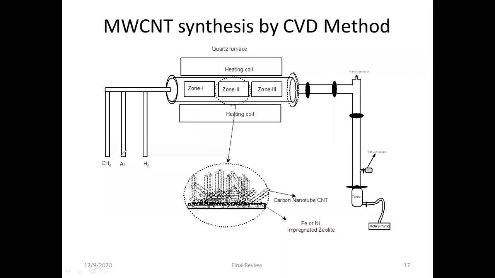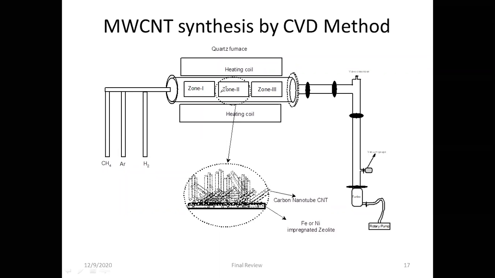On the left side, we have a gas purging mechanism with hydrogen, argon, and methane. If you purge these 3 gases at 900 or 1000 degrees centigrade, what will happen? Argon is an inert gas, and hydrogen we send only in a small amount; it acts like a catalyst.